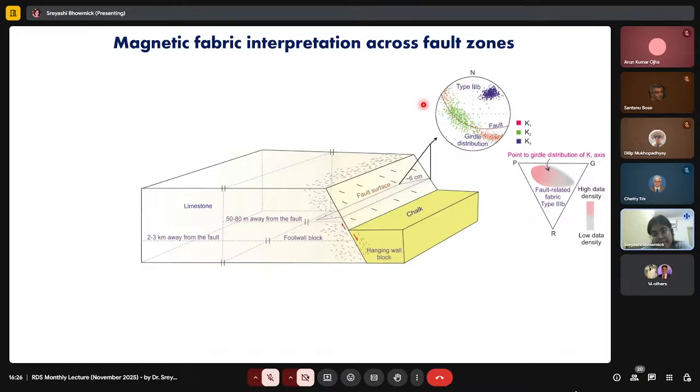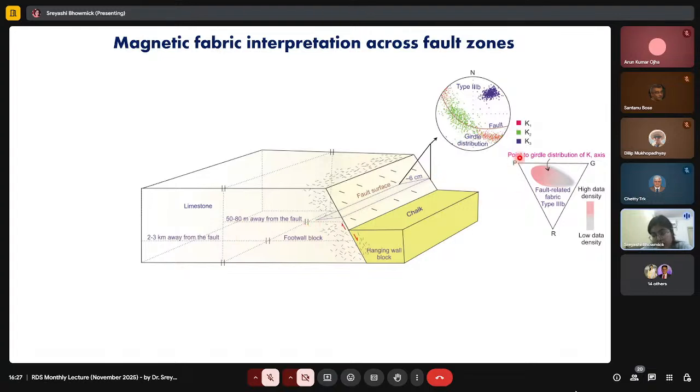So here we see that it forms a nice girdle, and it is subparallel to the overall orientation of this fault surface. So this is regarded as the fault-related deformation fabric. Now, this type of fabric can be obtained from the fault surface, and if the strain field is strong enough, we can also see such fabric extending up to 1 meter within the fault zone.